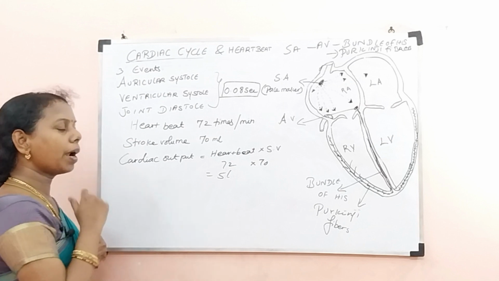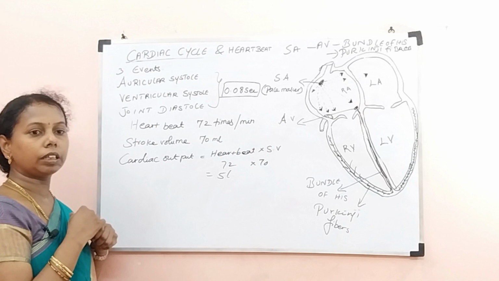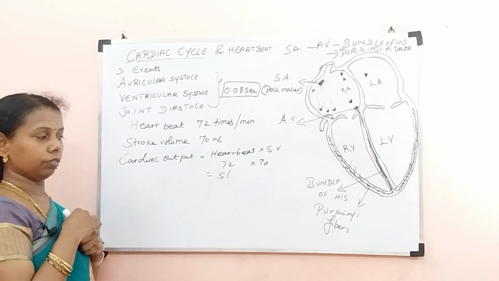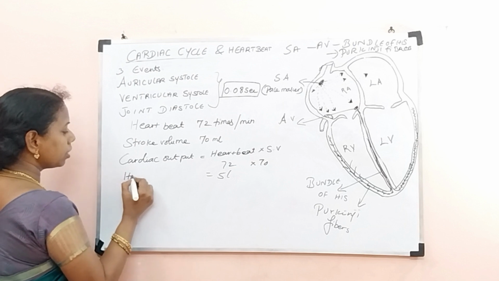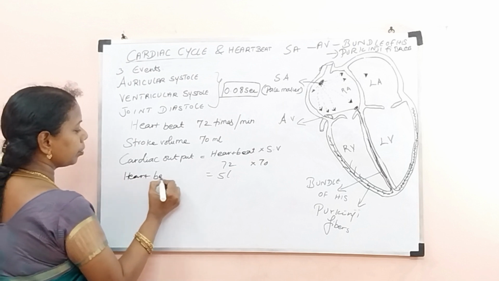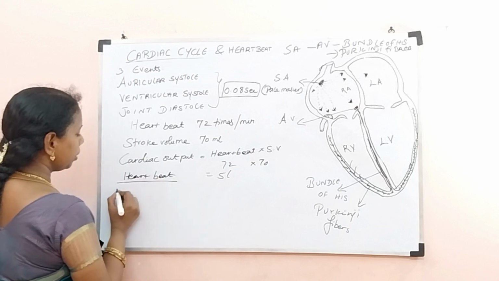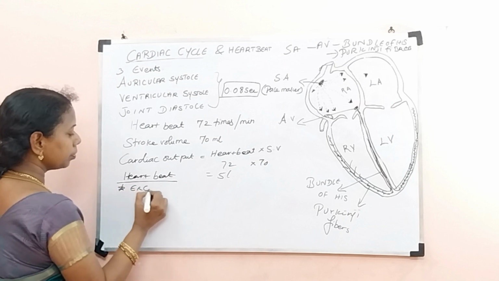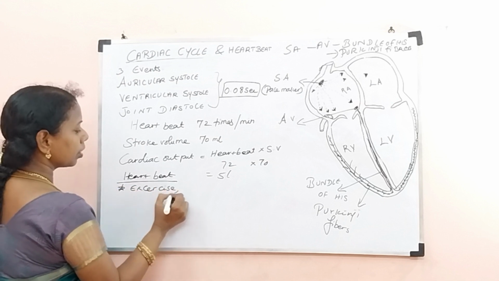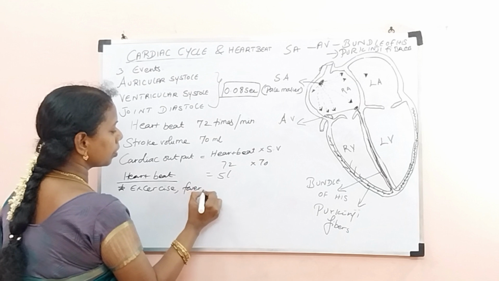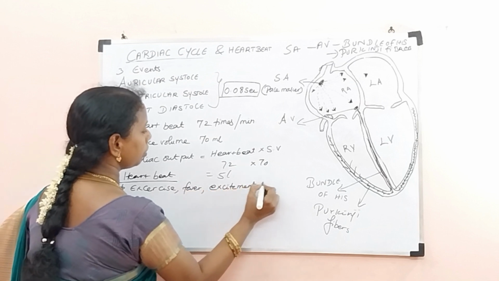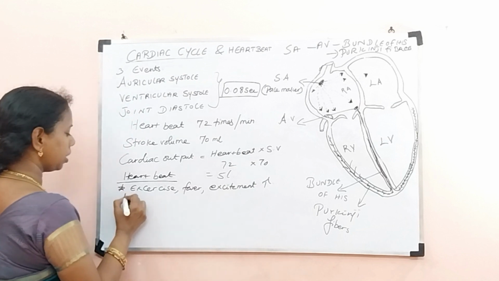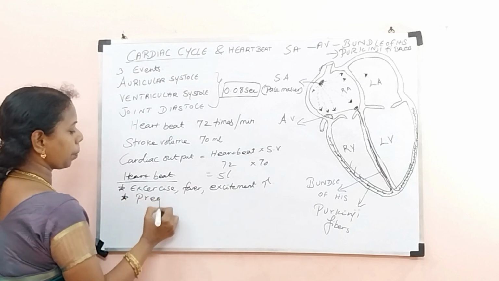Fine. Does heartbeat remain normal all the time? Yes, it won't. Very correct answer. When and all will it change? So heartbeat changes during exercise, fever, excitement. All these times it will increase. Of course, during pregnancy also it increases.